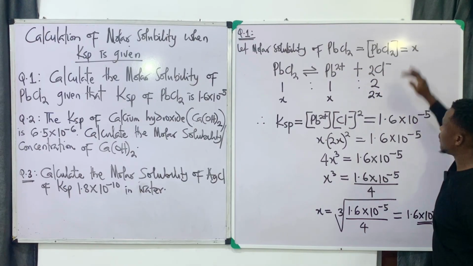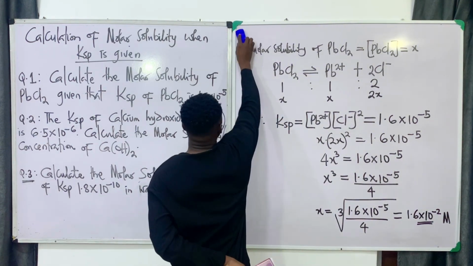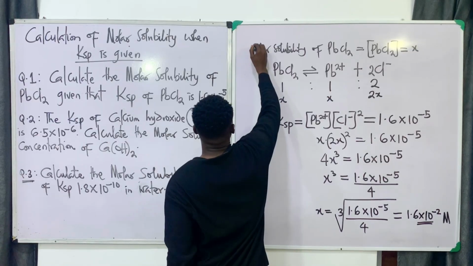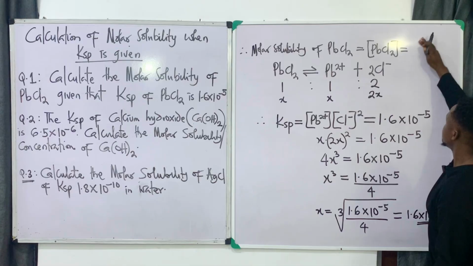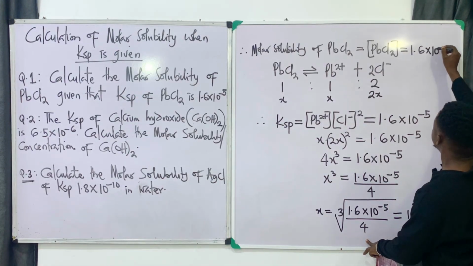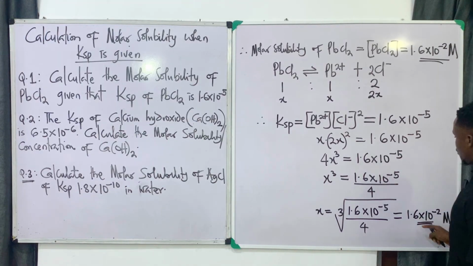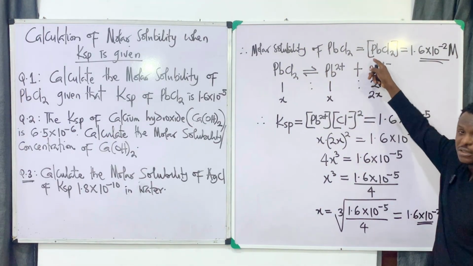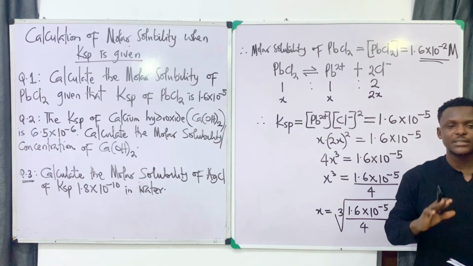So therefore, the molar solubility of PbCl2 is equal to 1.6 times 10 raised to the power of minus 2 molar. The reason why this is molar is because we are solving for molar solubility, which is the same as molar concentration, and the unit of molar concentration is molar.